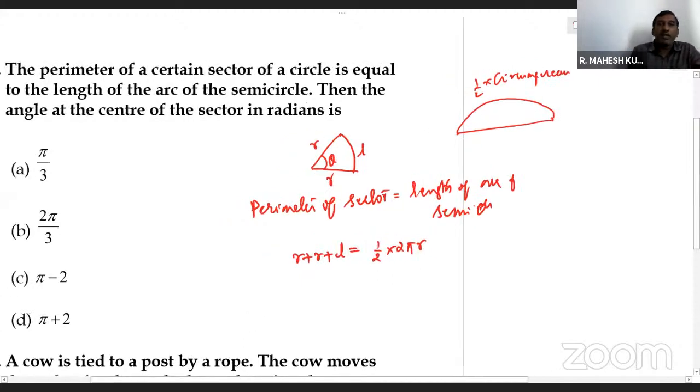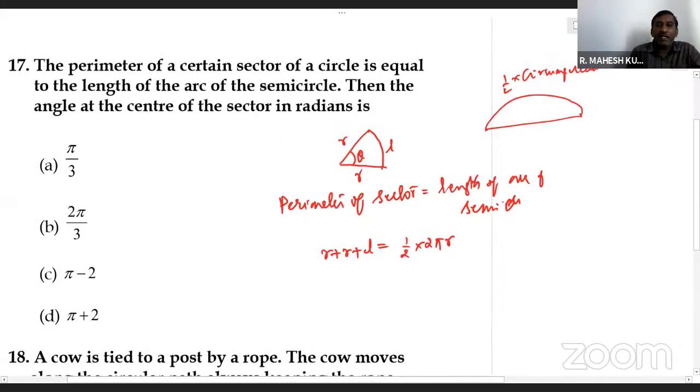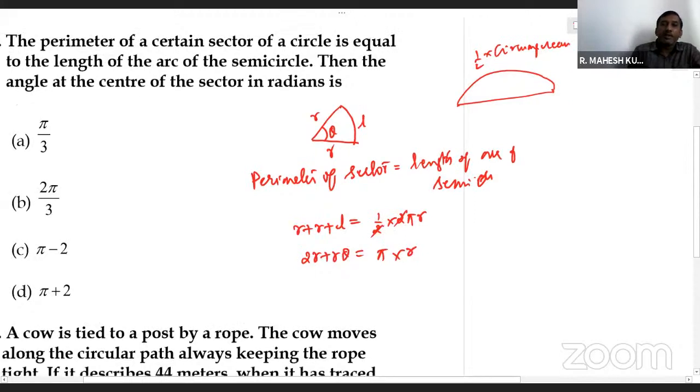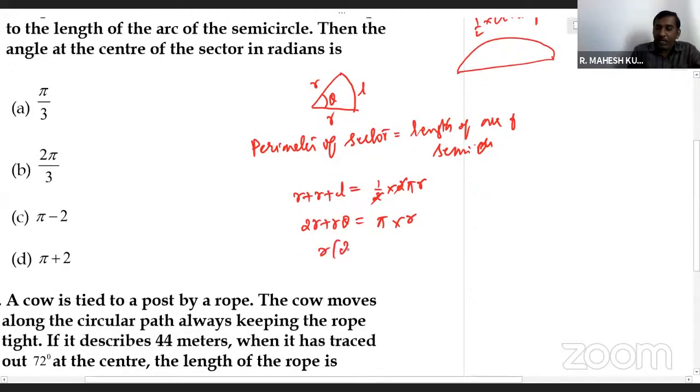So then you need to find out the angle at the center of the sector in radian. So this is going to be 2r plus r theta, you get half of 2 pi r, so the 2 gets cancelled, pi into r. Now r you can take outside: r times (2 plus theta) is equal to pi r.